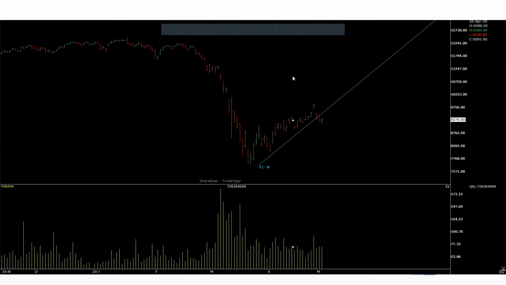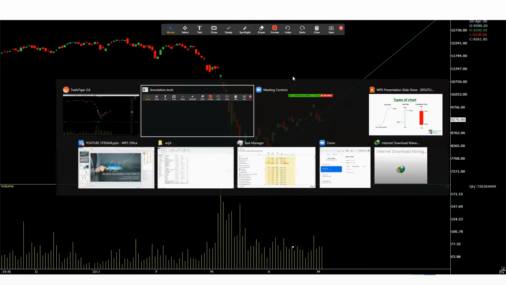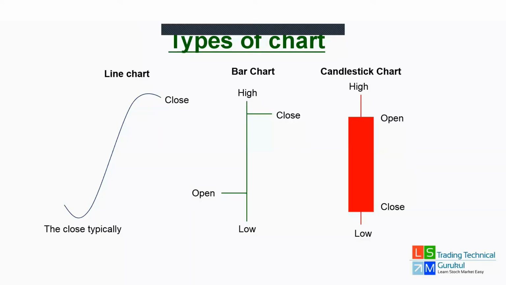So I'm going to the slide. Next is the candlesticks. Basically this candle was invented in Japan to identify the price of commodities at different times. For this reason, they invented these candlesticks.